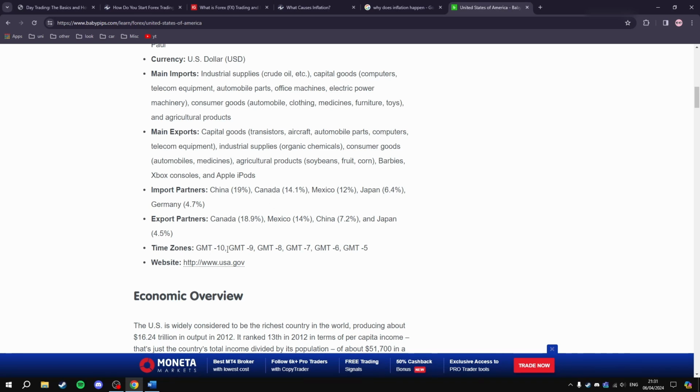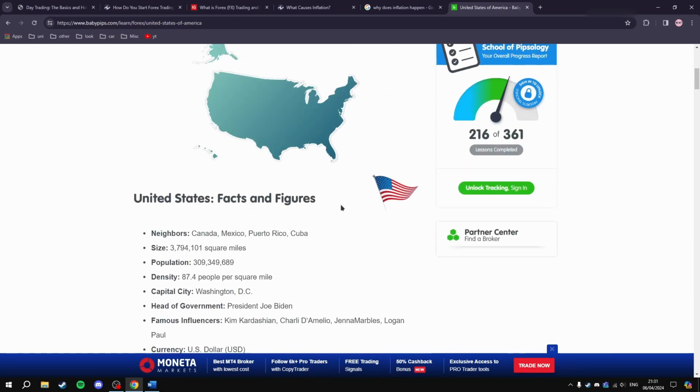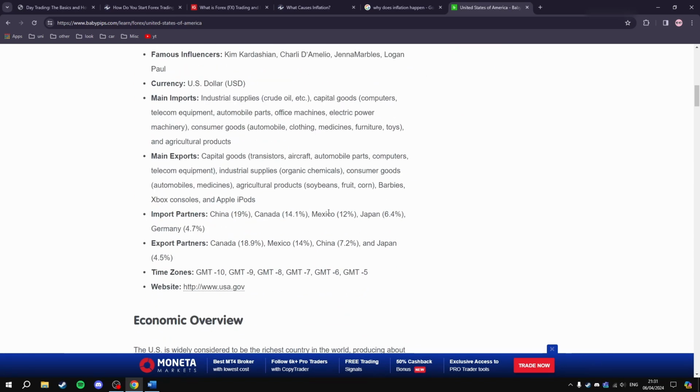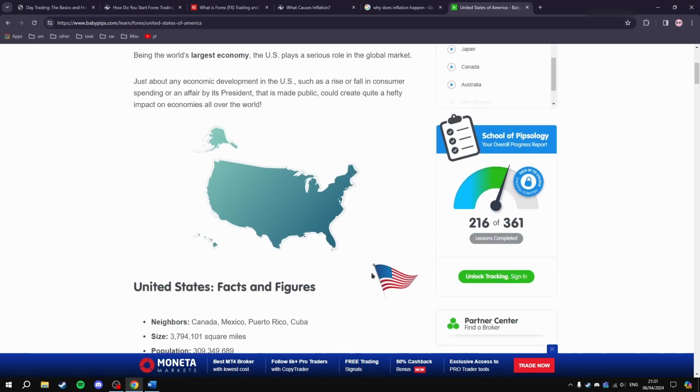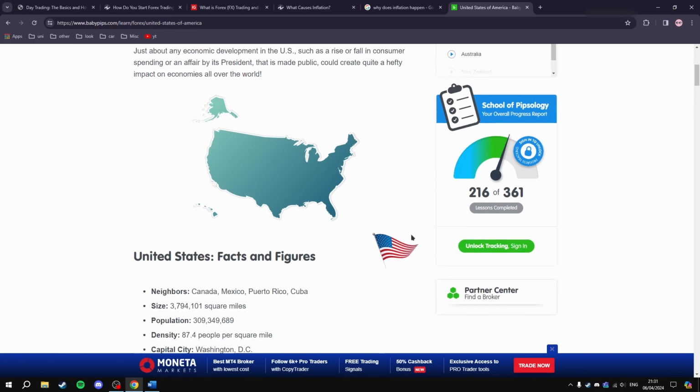Time zones: GMT -10, GMT -9, GMT -8, GMT -7, GMT -6, GMT -5. Website: http://usa.gov. So GMT -10 to GMT -5, so somewhere over here and somewhere over here could have a 5-hour difference. That's kind of mad.